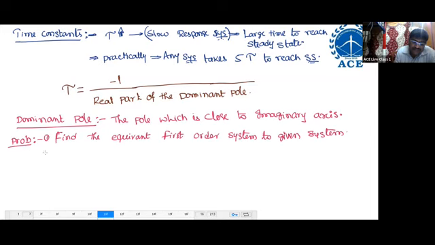This is the first bit. Second bit, find the system time constant.